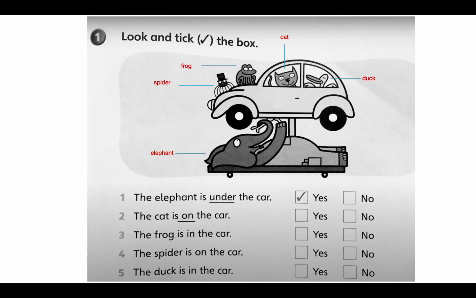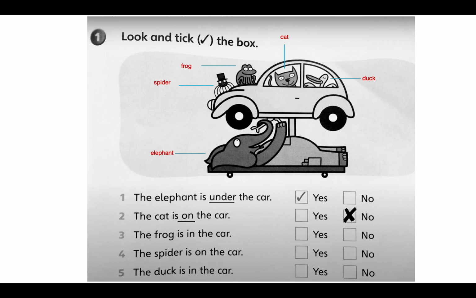Jadi maksudnya kucing itu di atas kereta. So, look at the picture. Betul ke kucing di atas kereta? Salah. Kucing bukan di atas kereta. So, the answer is yes or no? Yes. Correct. The answer is no.